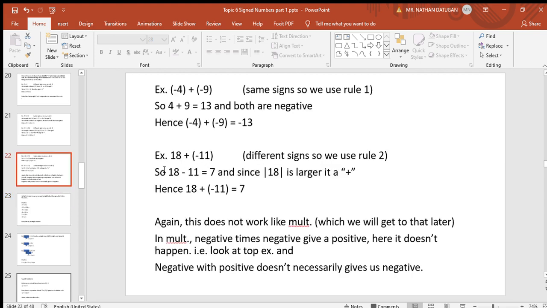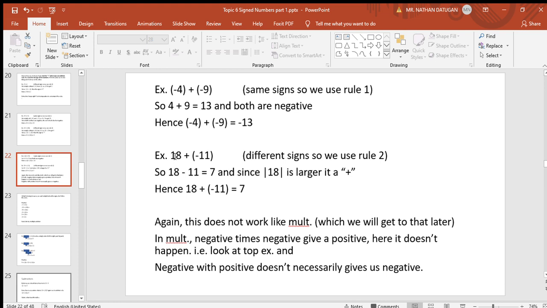Last example, 18 plus negative 11. Again, check if it's addition. In this case, it's addition, so we're using the addition rules. Which rule? Since we have a positive and a negative number, we're going to use rule 2. Rule 2 is to subtract the absolute values of the two numbers.